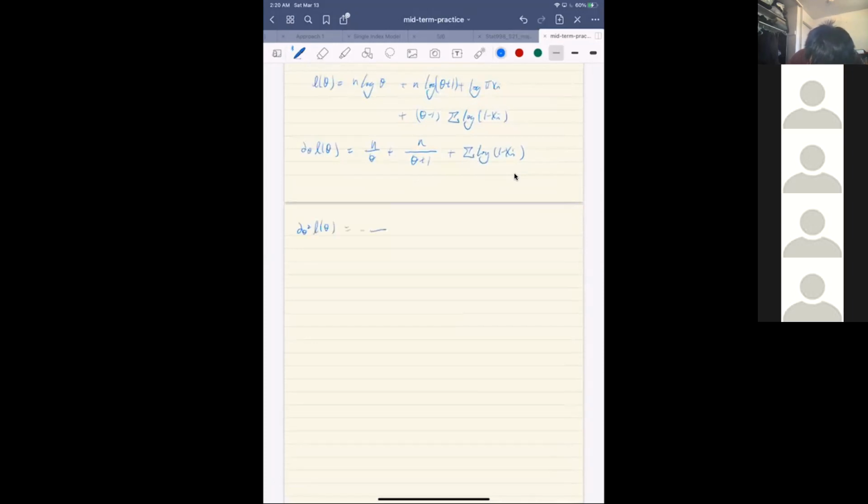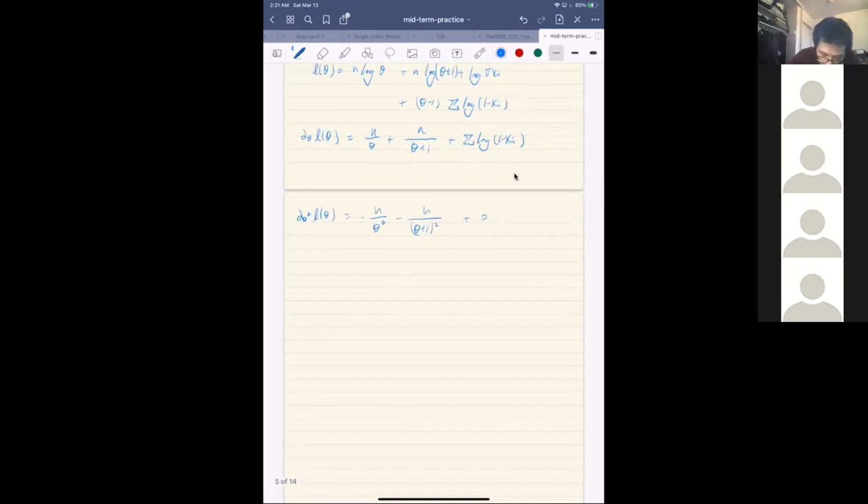It's negative, minus theta plus 1 squared n, and this one is 0. So the Fisher information matrix, when we have n samples, will be this.